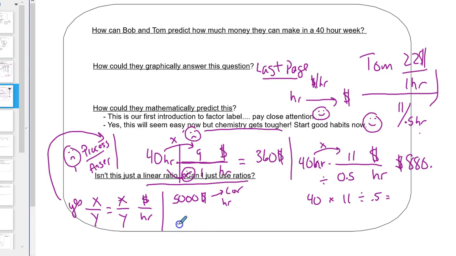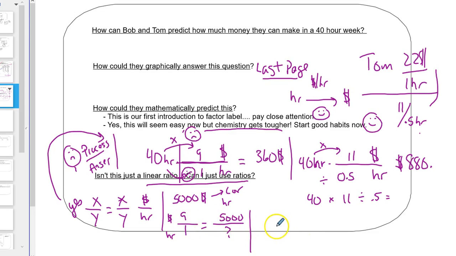So this is what we're going to do. It's going to be a relationship looking like this. And I'm going to put dollars on top and I'm going to put hours on the bottom. And I got to use my relationship. This is the known relationship, $9 per 1 hour. And the top is dollars, the bottom's hours. So I'm going to put in the 5,000 here, and I'm going to solve for the 1 hour, so for this guy. Now on this guy here, I can cross multiply and divide.